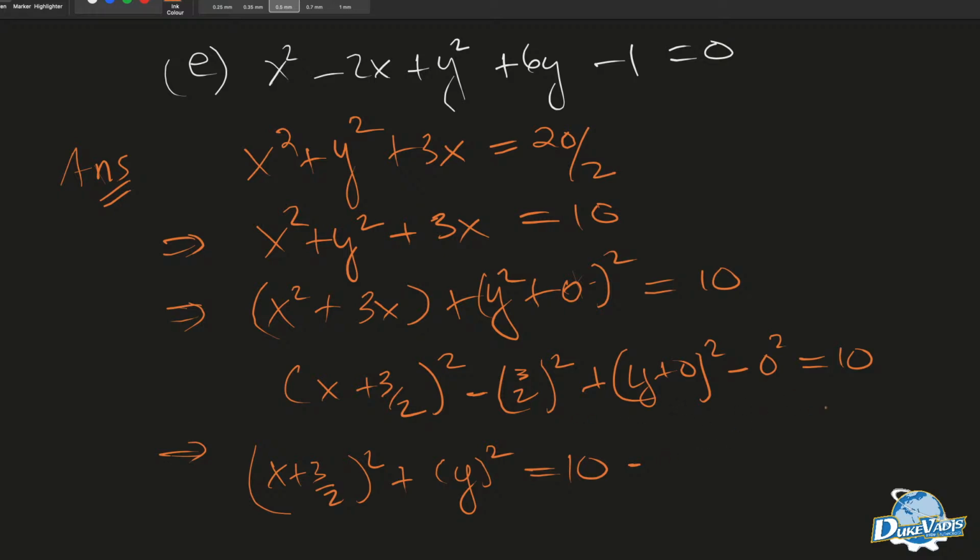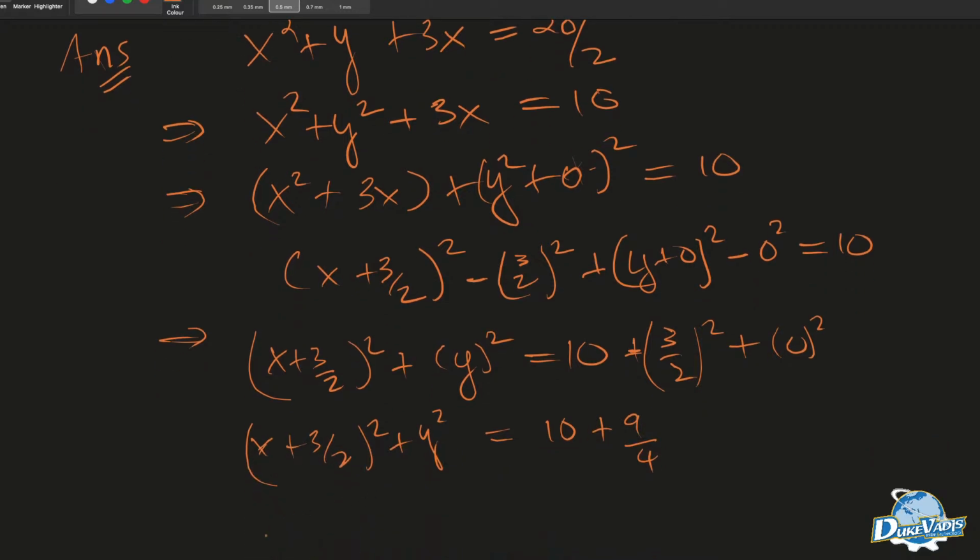So that's over here, minus that, so that will be plus 3 over 2 squared, and that of 0 squared. So we have x plus 3 over 2 squared plus y squared is equal to 10 plus 9 over 4.